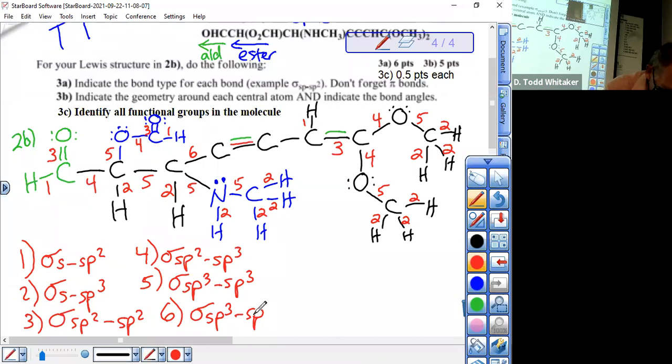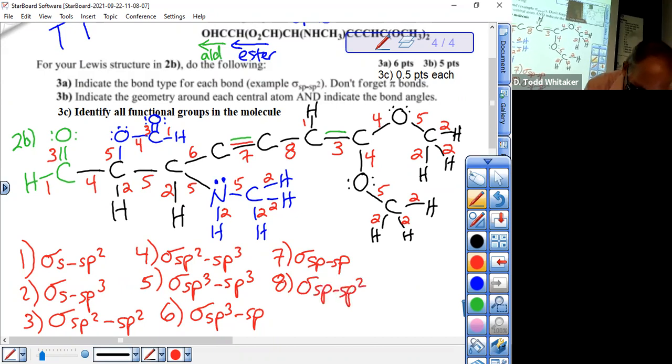Yeah. 7. sp on the left, sp on the right. And that's the only one like that. 8. sp on the left, sp2 on the right. And I think the sigmas are done. Every sigma bond has a label.